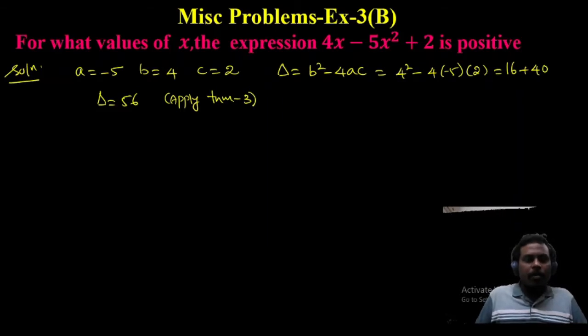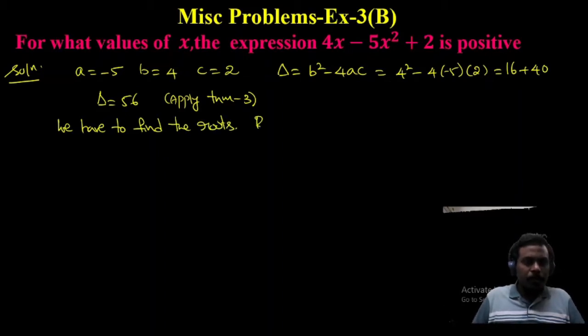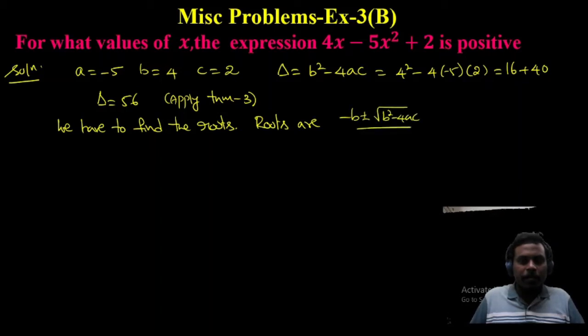Okay. Now we have to find out the roots here. So the roots are given by the formula minus b plus or minus under root b square minus 4ac divided by 2a.